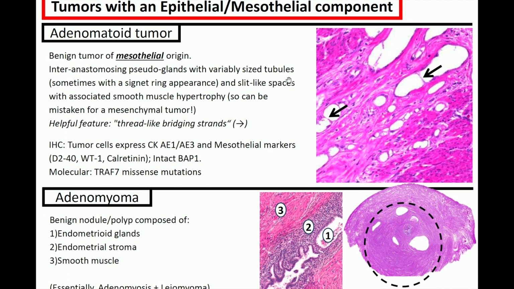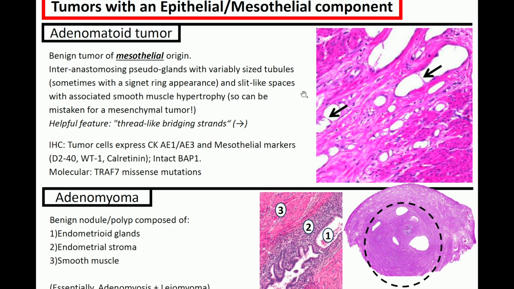So next up, we'll go into some tumors with an epithelial and/or mesothelial component. First up, this is an instant pattern recognition type entity, and it's an adenomatoid tumor. It's a benign tumor of mesothelial origin, and you're going to have interanastomosing pseudoglands with variably sized tubules, sometimes with a signet ring appearance, and slit-like spaces with associated smooth muscle hypertrophy, so it can be mistaken for a mesenchymal tumor.